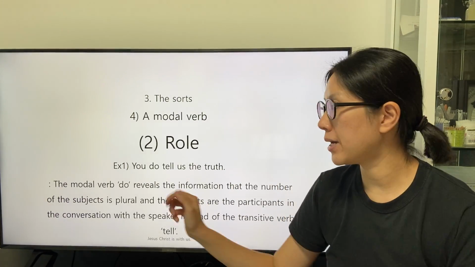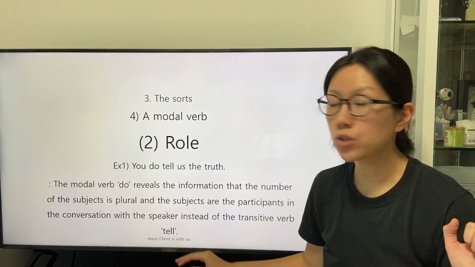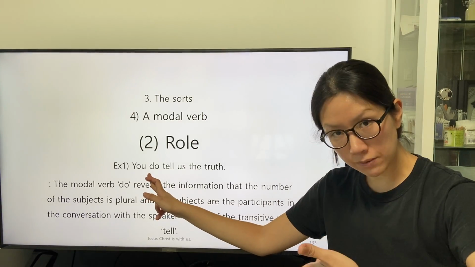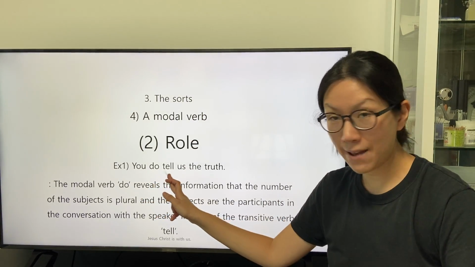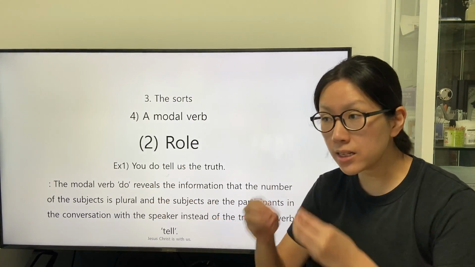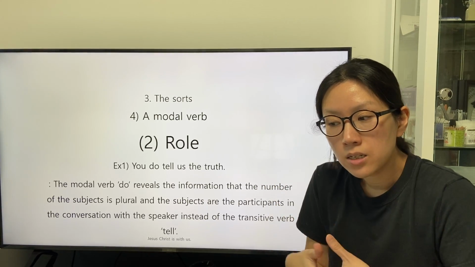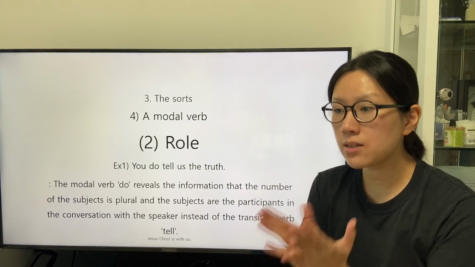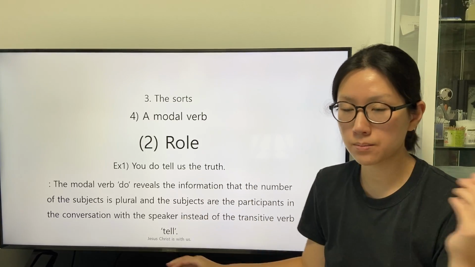So the speaker applies the modal verb do to specify the definition of the transitive verb tell and delivers the intent of the emphasis.